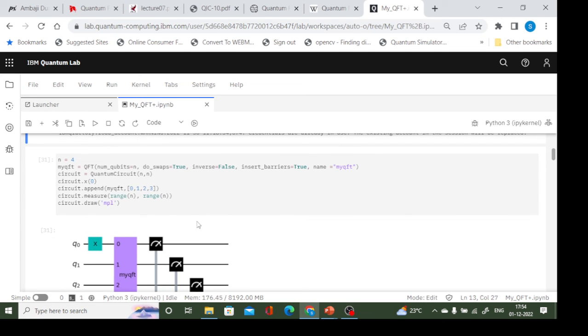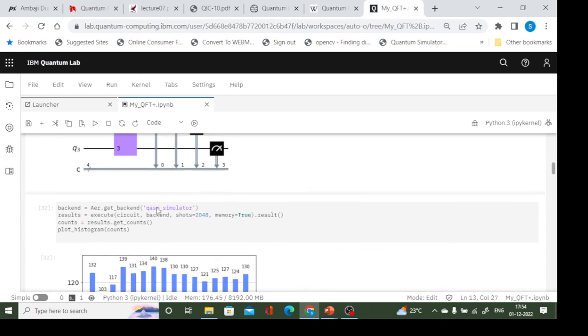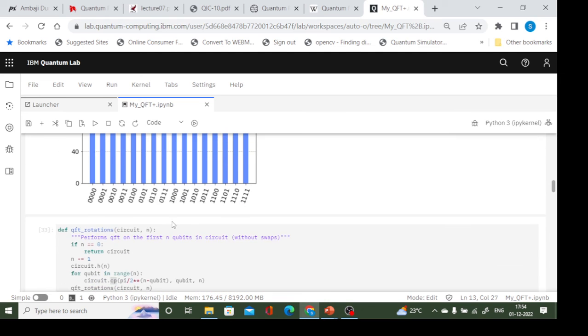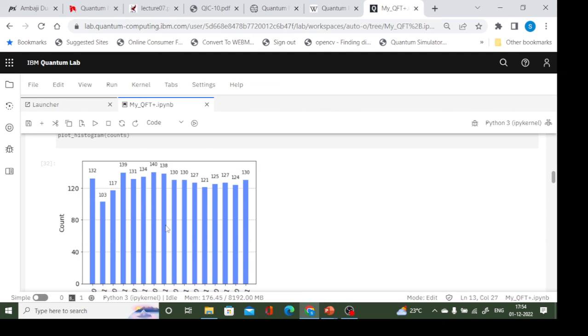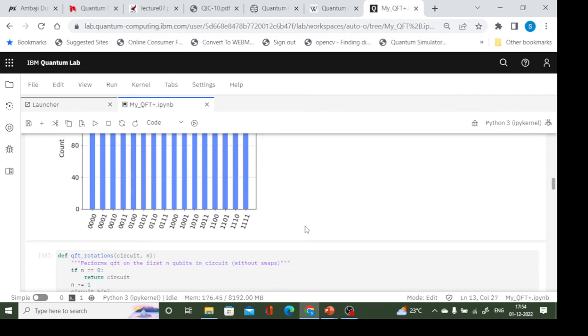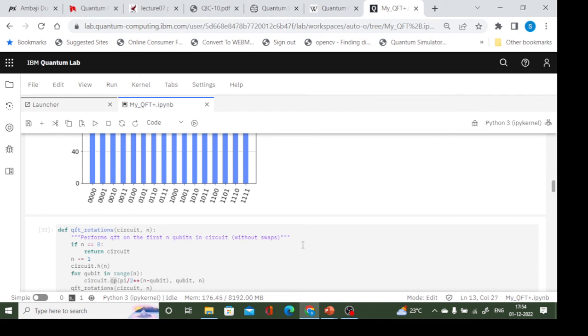Okay, so I built the circuit. Now when I run it, I'm getting the state of qubits. Can't make out anything, right? Does it mean we have not done anything with that? No, we have done. The only thing is we need to see how to look at the data. So that's what we'll do in the next example.